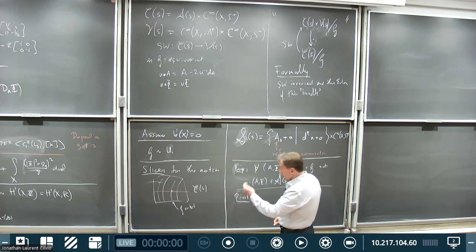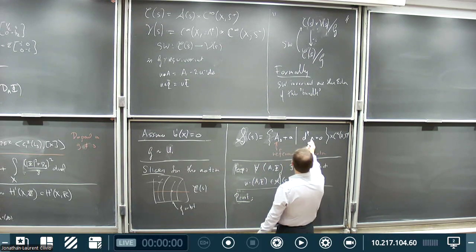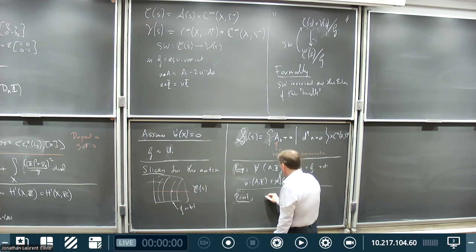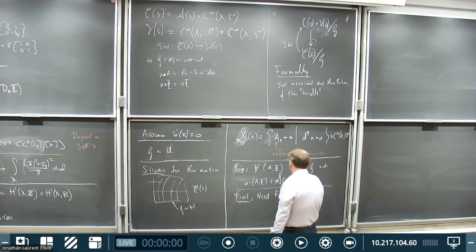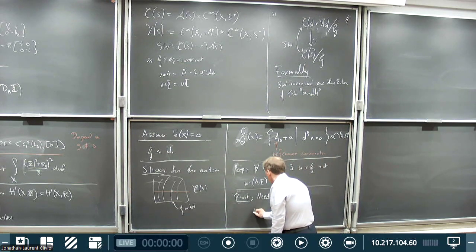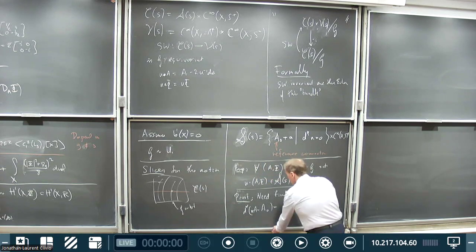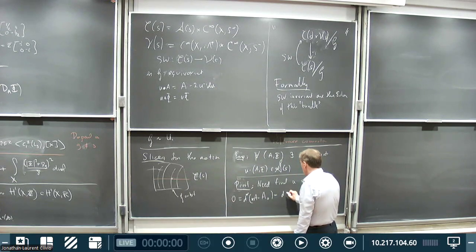Well, what do we want to do? We want this equation to hold, so what we need to find is U such that D star of U dot A minus A naught is 0.